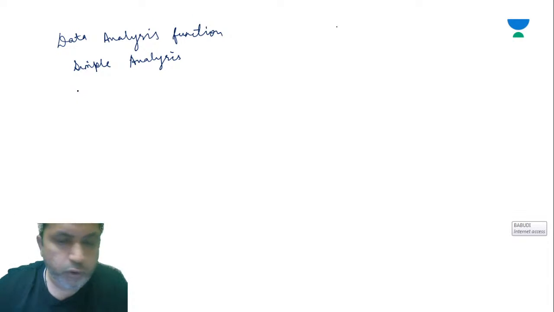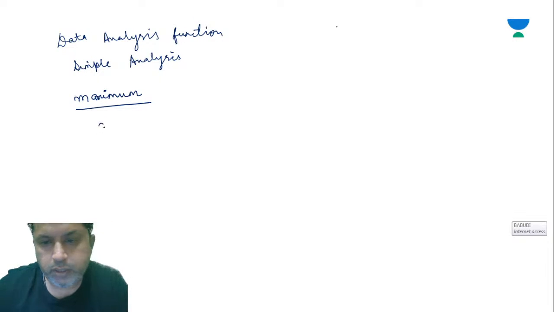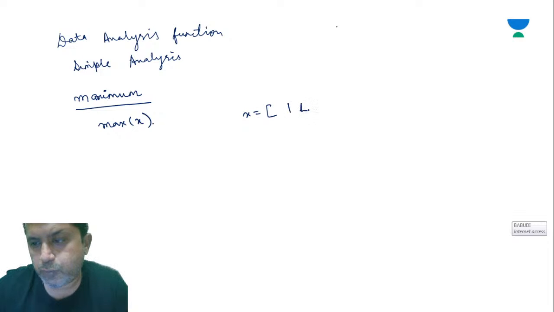So first function is the maximum function. In this one the syntax is max of x. Suppose I say x equal to 1 space 4 space 6, write down max of x.